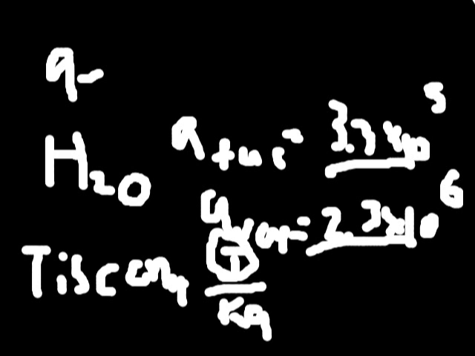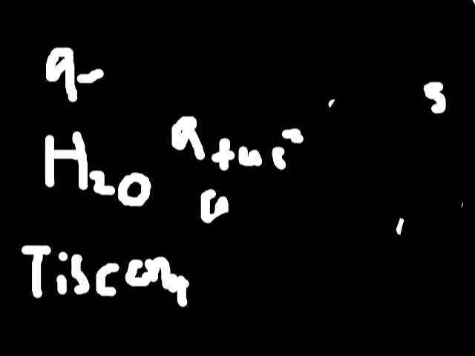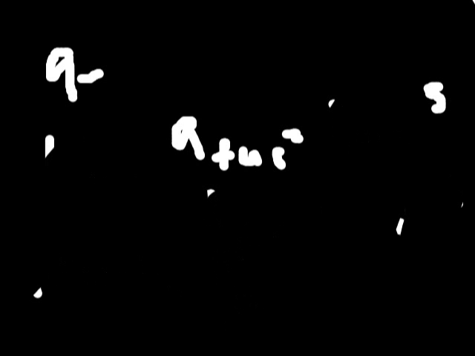So let's do a practice problem. In our practice problem, how much heat is needed to transform a 1 kilogram block of ice at -5 degrees Celsius to a puddle of water at 10 degrees Celsius?